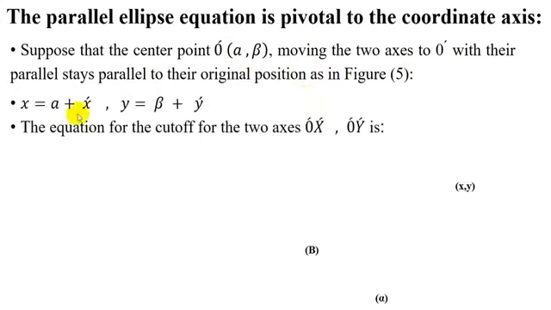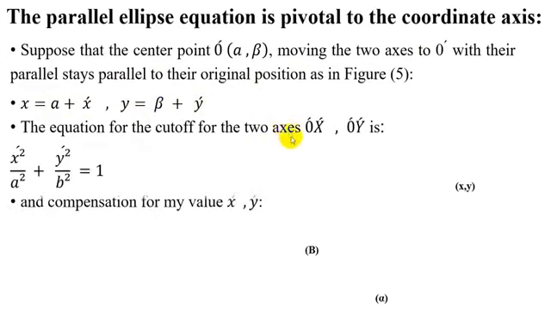Let's see what we have here. So x equals alpha plus x dash, and y equals beta plus y dash. So we need to get O X dash and O Y dash, and our equations will change like this.